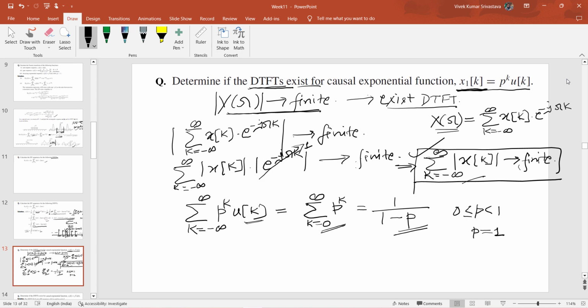So it means that for p equal to 1, this discrete time Fourier transform will not exist, whereas for the value of p lying between 0 and 1, we can get the discrete time Fourier transform, or we can say that the discrete time Fourier transform will exist. Okay, so any doubt?